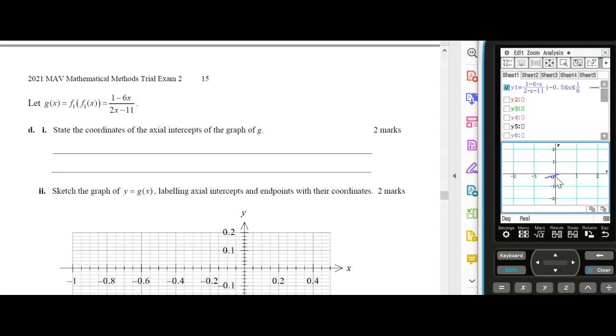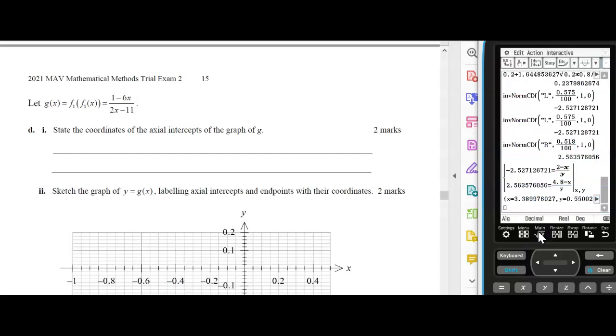Okay, so you can see it's crossing the x-axis and it's crossing the y-axis. So all we need to do is, can we do it on here? I think we could. So trace, so at 0, but it's giving me the approximate answer. So you don't want to have an approximate answer. So we're going to have to go back onto the main screen.